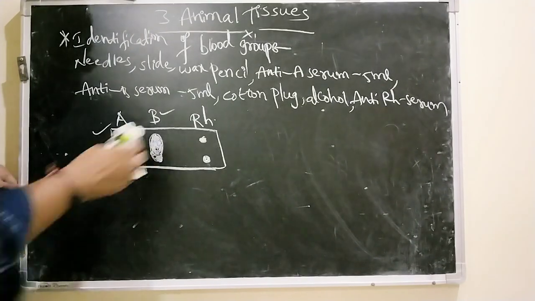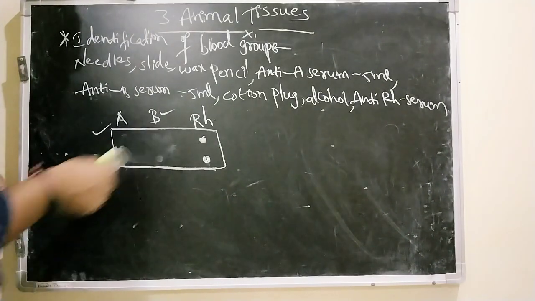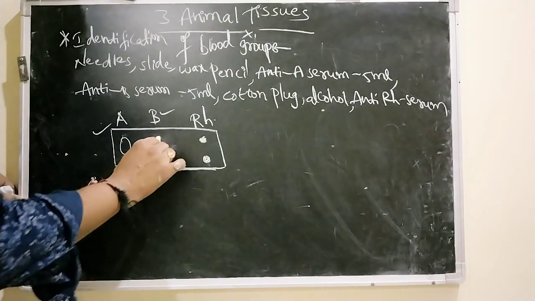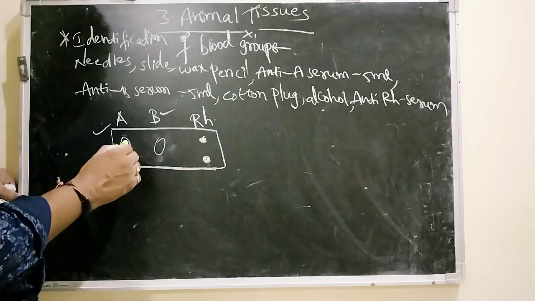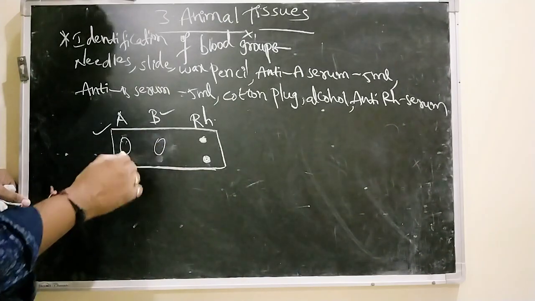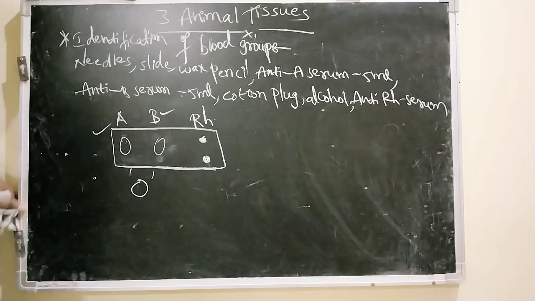If the blood did not clot in both cases, then the person's blood group is O.